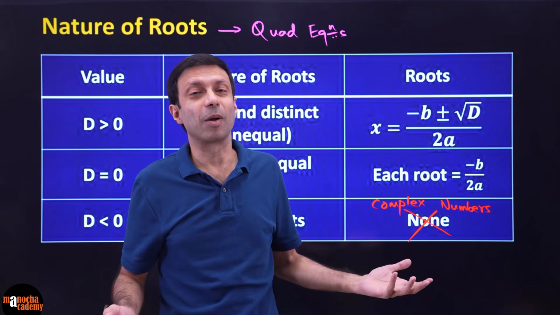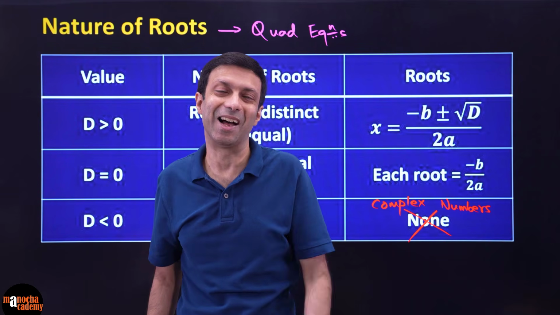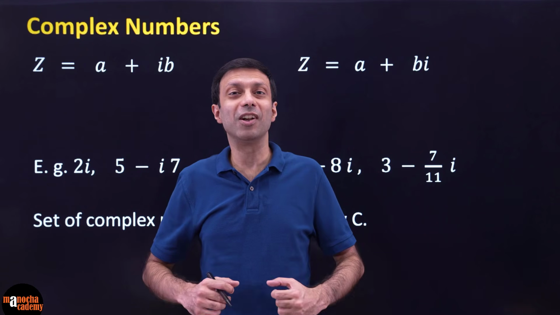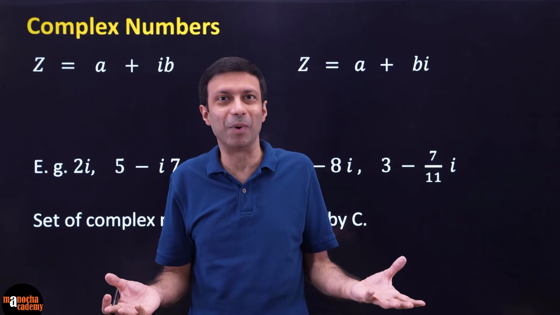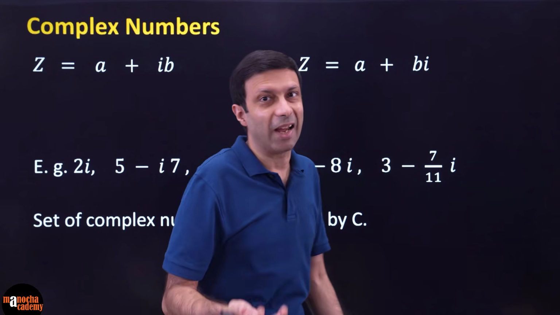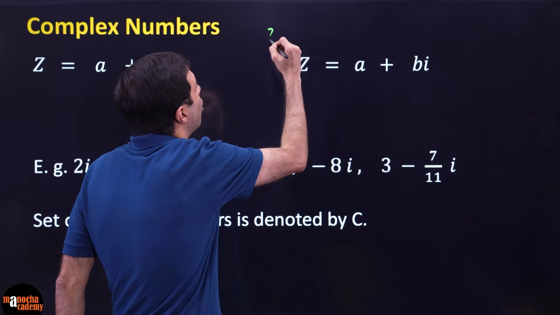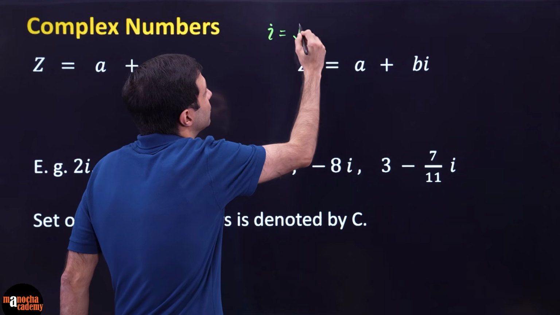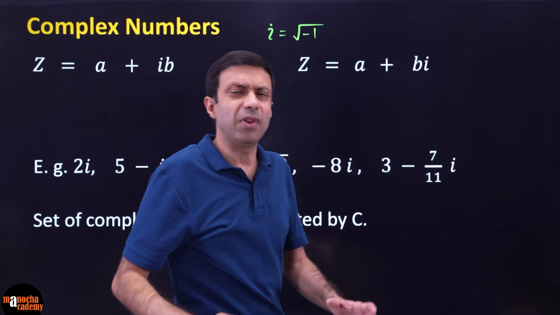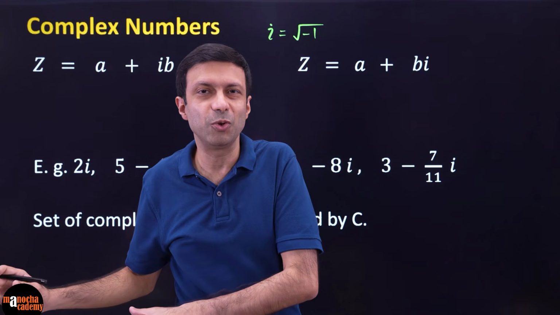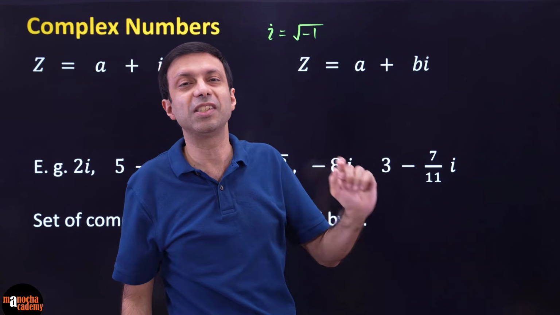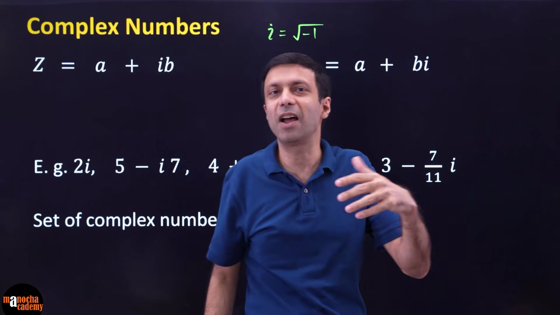So let's go ahead and talk about what complex numbers are. Till now we have learnt about this magical imaginary number iota, represented as i, and it is basically the square root of minus 1. So basically we have real numbers, the regular numbers that we use, and this imaginary number which is the square root of minus 1, and you can have multiples of it, right?